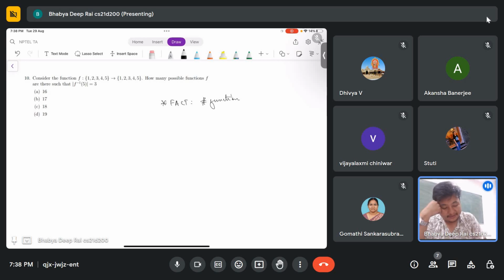I'm just saying the number of functions from A to B is equal to size of B to the power size of A. Anyway, you might need this towards the later part of this question, but just think about it for a moment. Maybe try to draw similar diagrams like I did just now.